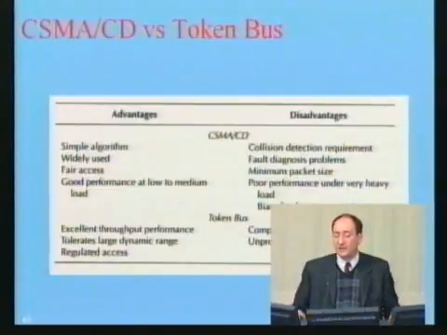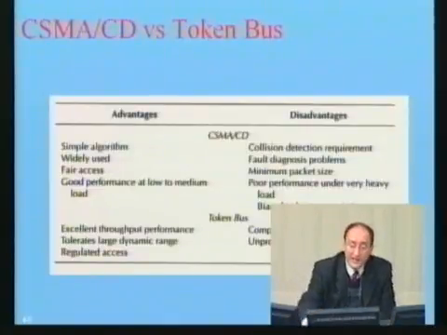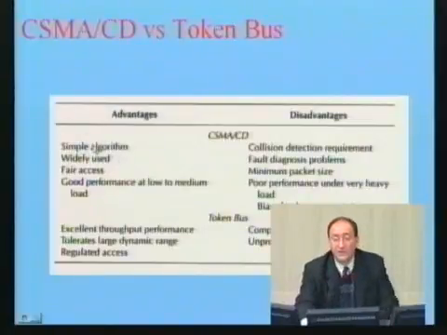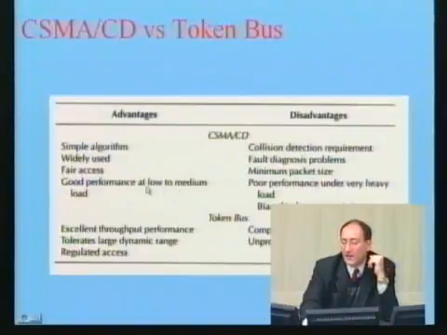So in summary, if you want to compare the token bus with 802.3, 802.3 has a simpler algorithm, is all over the place. It has a fair access, good performance at the low and medium loads. These are the same things that it had over token ring.